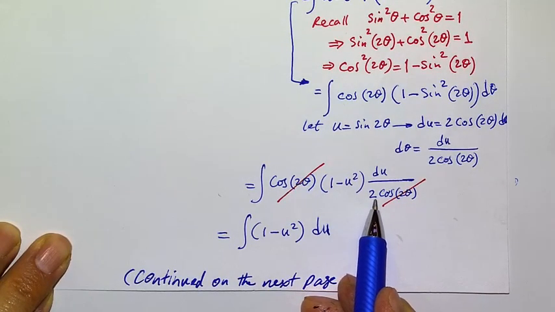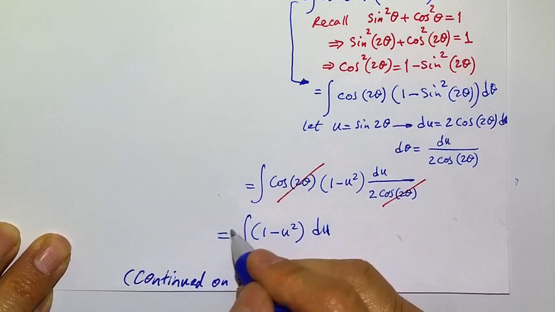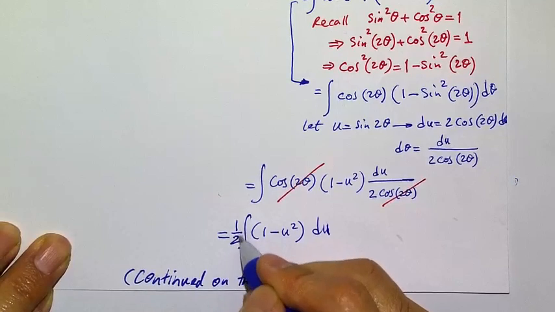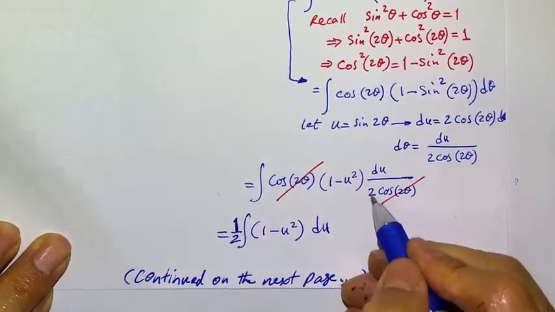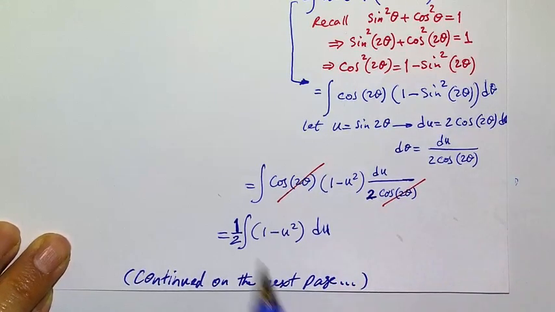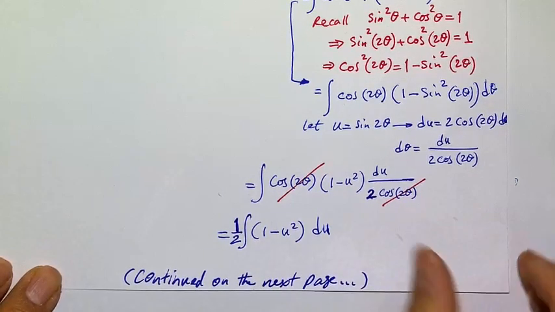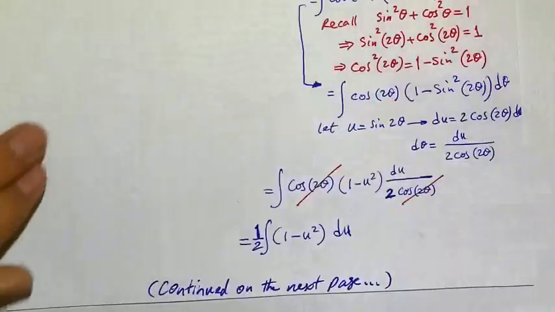So 1/2, because it's just a constant, I'm going to put that in front. So 1 over 2 times all of that. It was kind of hidden there. Almost forgot it, but it's there. So 1/2 times 1 minus u squared du. Now we know how to integrate this, and I'll go to a new page.